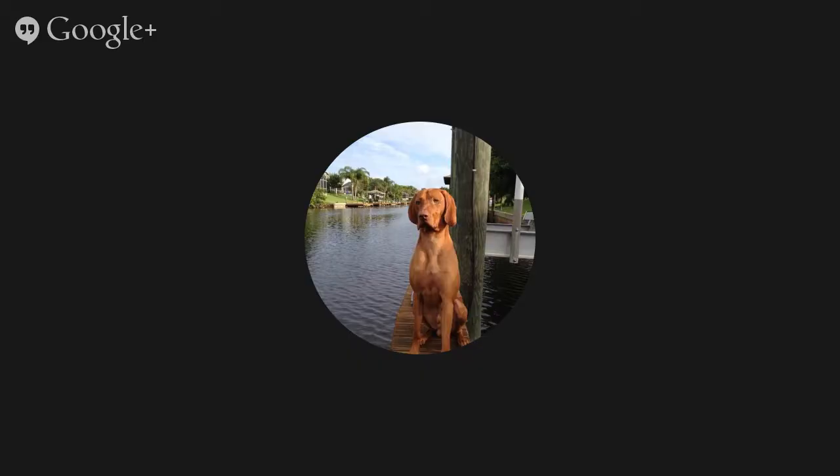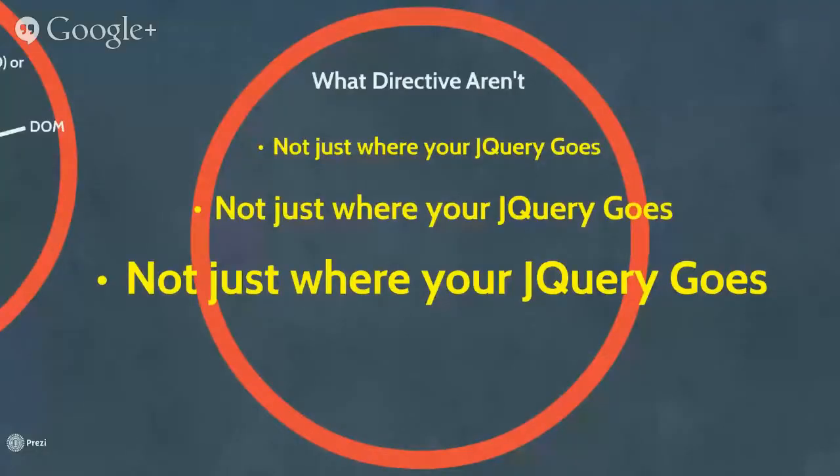So what directives aren't: they're not just where jQuery goes. A lot of people like to wrap up their jQuery functionality inside a directive. Now, if you really have to do that, put it in a directive, but try to use jQuery Lite, which we'll go over.